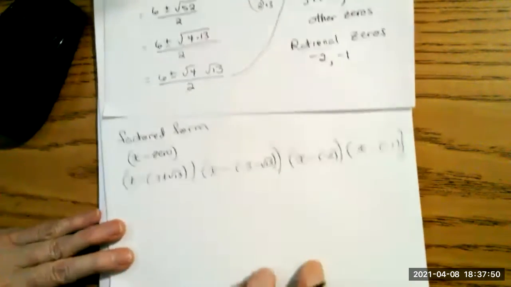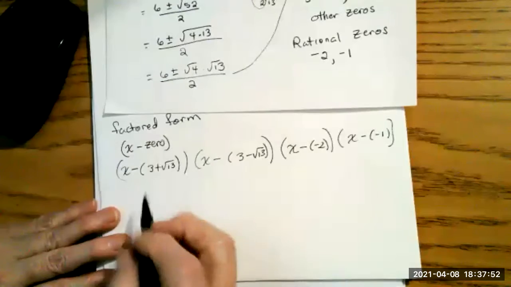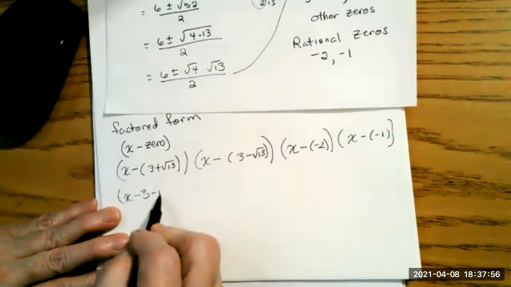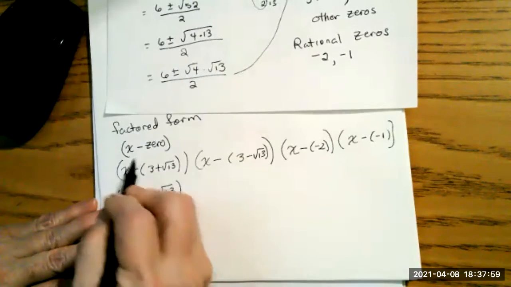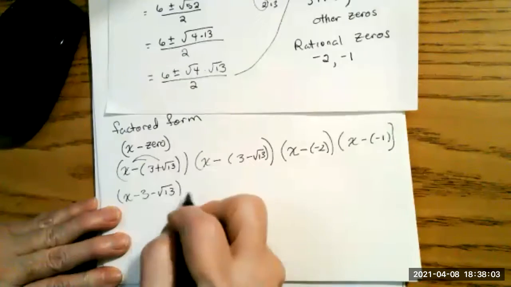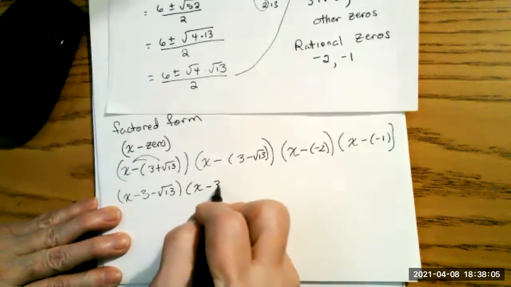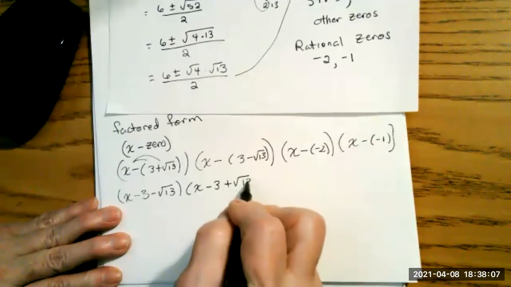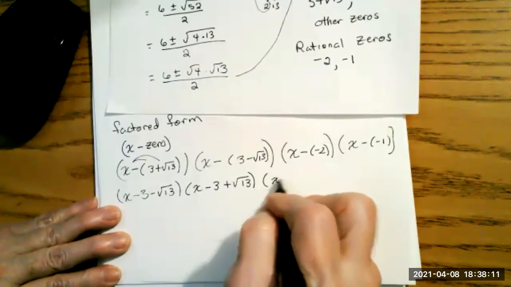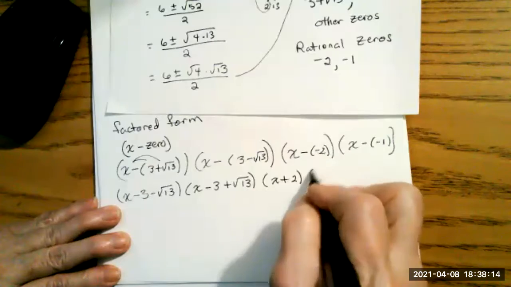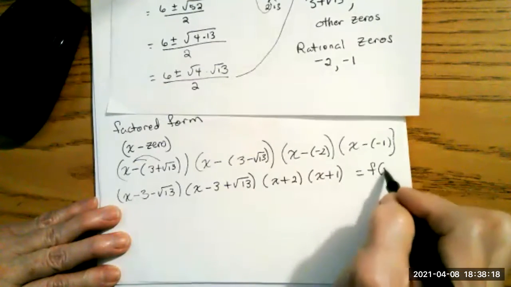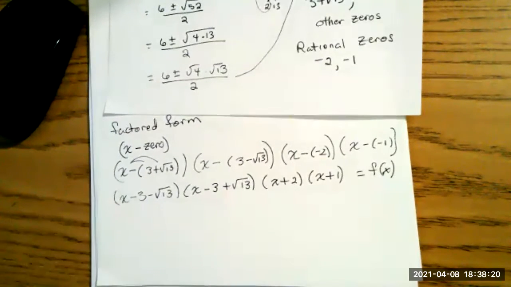And I have to clean it up. They won't take it in that form. This one will be x minus 3 minus the square root of 13 because that minus will change those signs. This one will be x minus 3 plus the square root of 13. This one will be x plus 2. And this one will be x plus 1. And there is your factored form of the function.